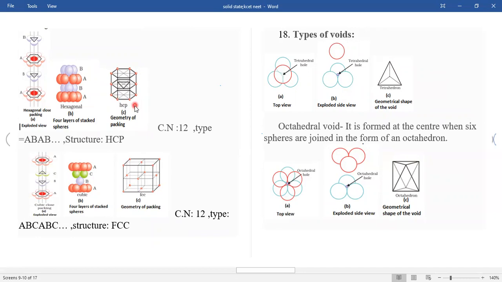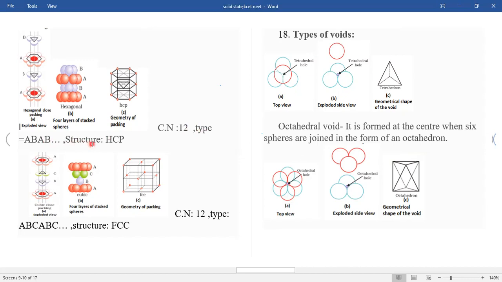It will generate a hexagonal close packed structure, the 3-dimensional HCP. What is the coordination number? 12. This you have to remember. Which type of arrangement? That is ABAB type of arrangement.